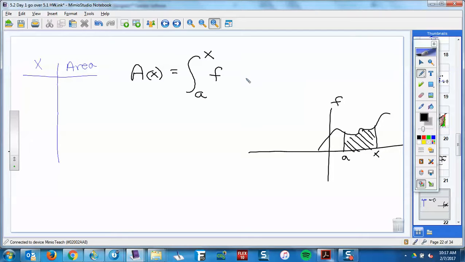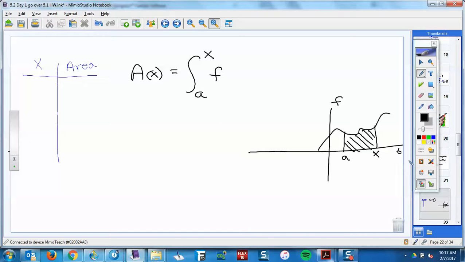Now we got another problem, and that is we can't call that function inside there. It's called the integrand. We can't call the integrand f of x. Why not? Why can't I use x in here? Well, because we're already using x for something else. We're using x to be this right edge, so we can't call this axis our x-axis.